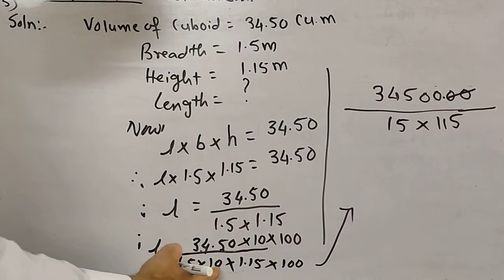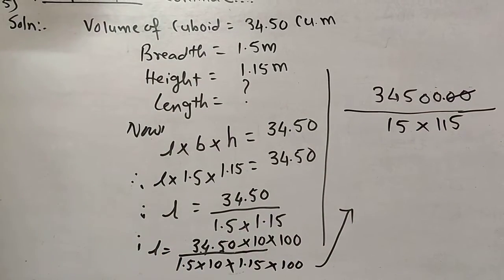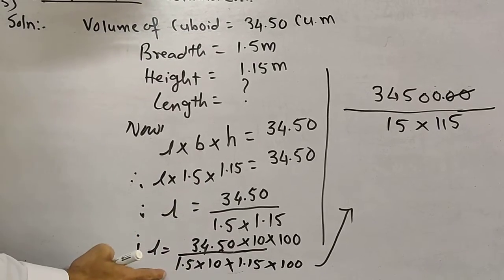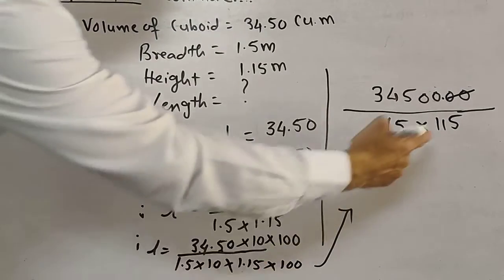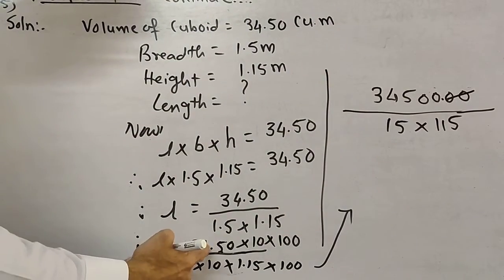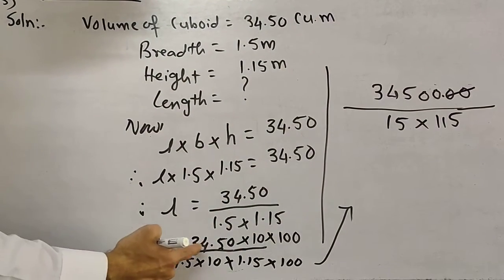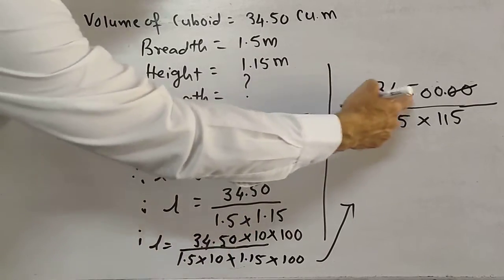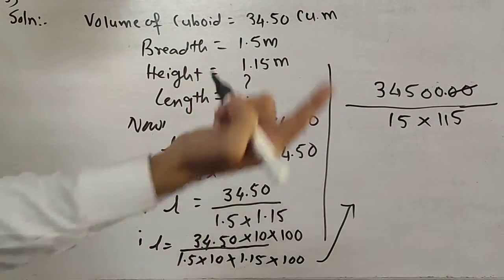If you multiply by this 10, the point will get cancelled. Here also the point will get cancelled. So here you will get 15 and here you will get 115. And here the point is shifted. Once again, 3, 4, 5 will be the same.